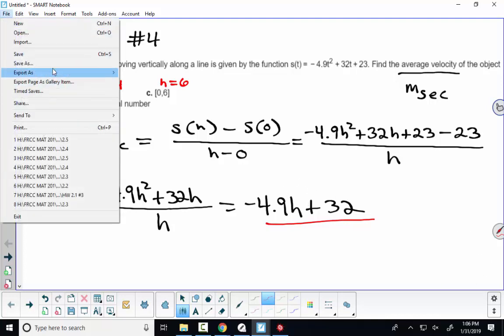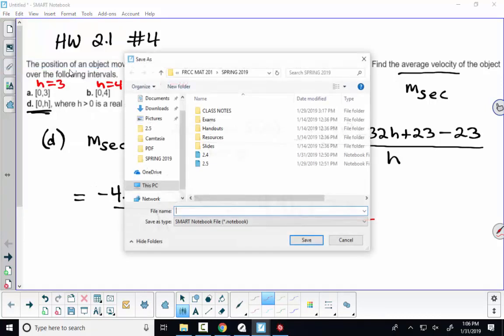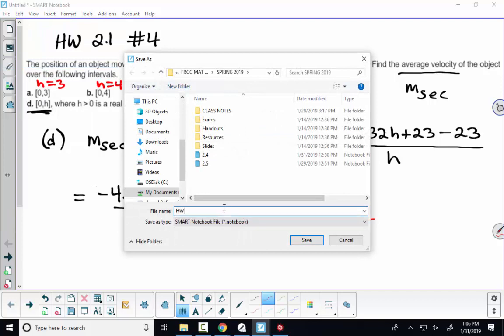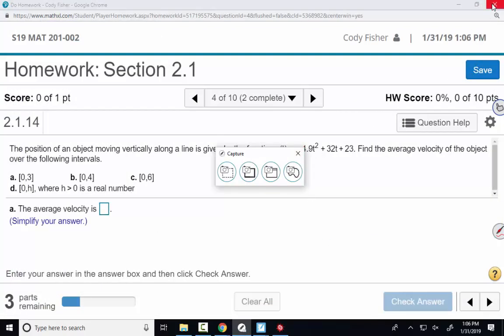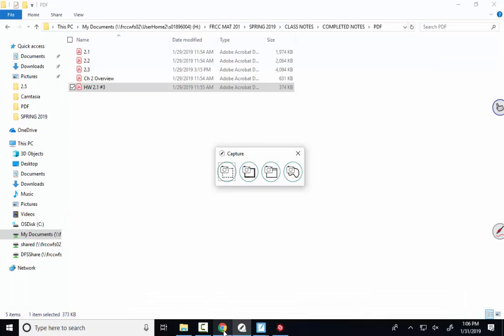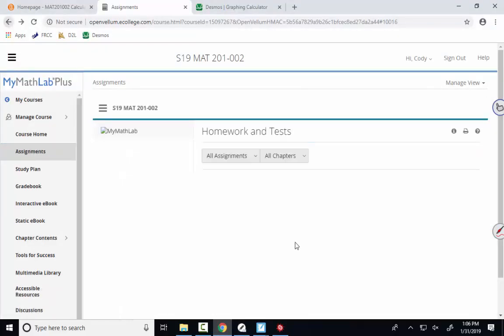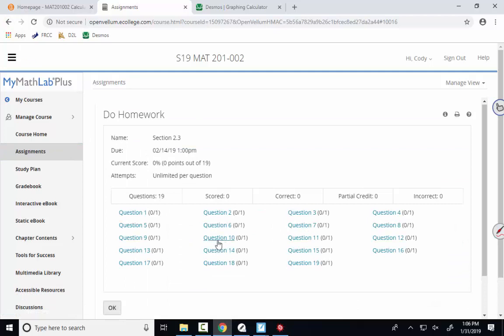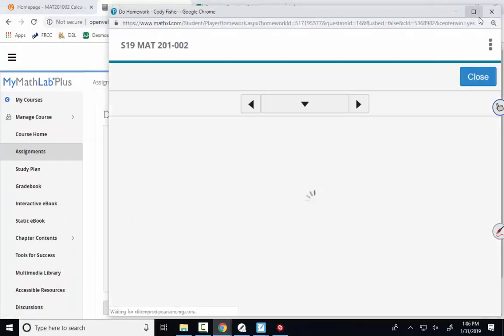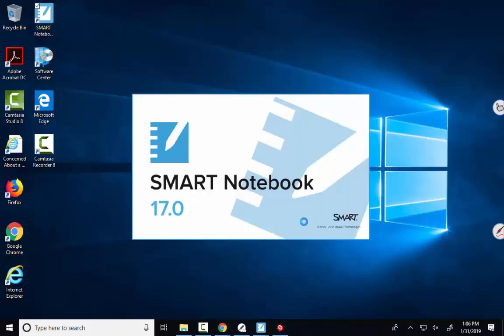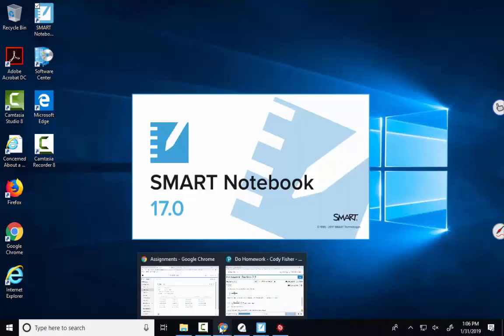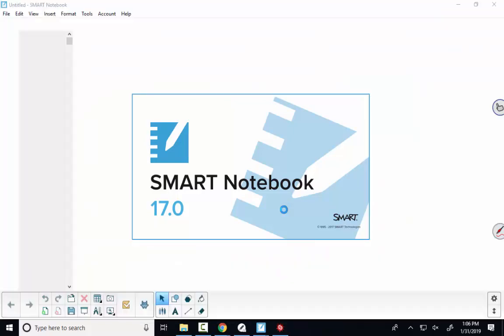Let me start a new page. New section. I honestly don't know why I'm having such a hard time with that.